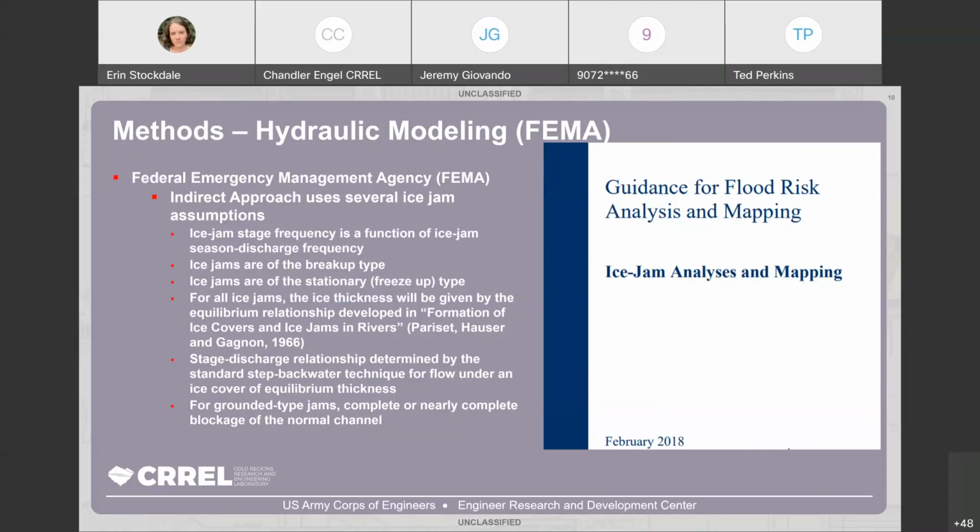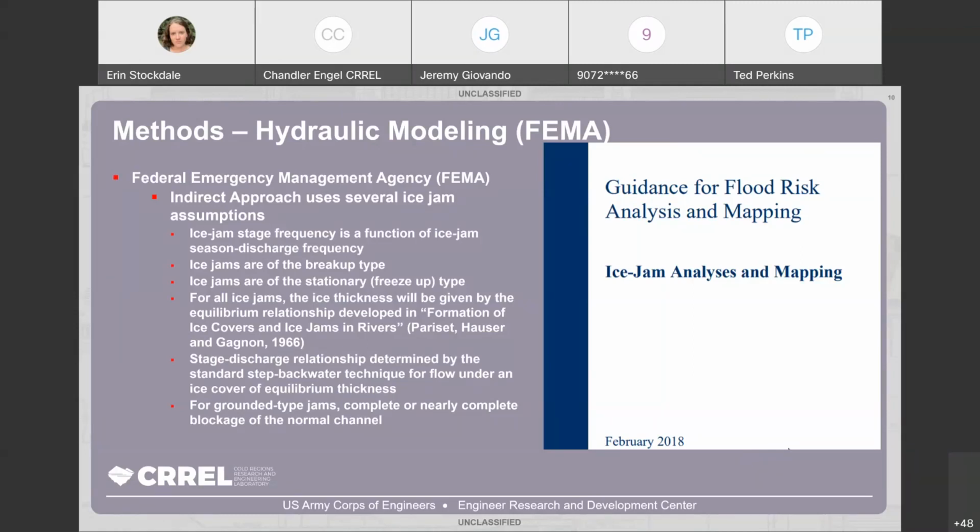And then from there, using the jam characteristics and ice thickness, you can develop a stage discharge relationship using a standard step backwater technique. So very similar to what we were just talking about using HEC-RAS.